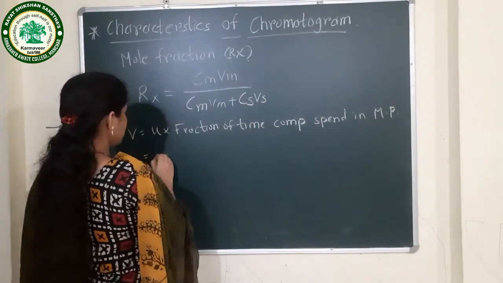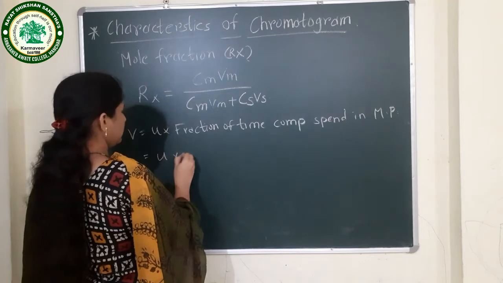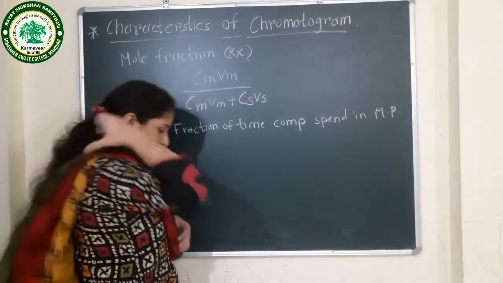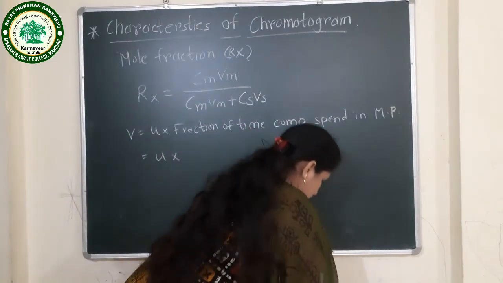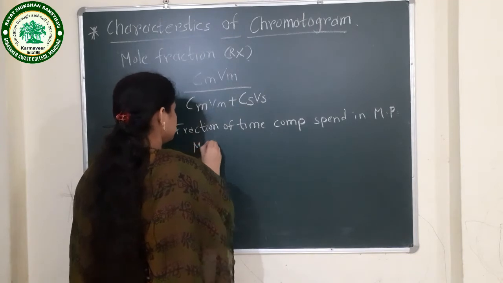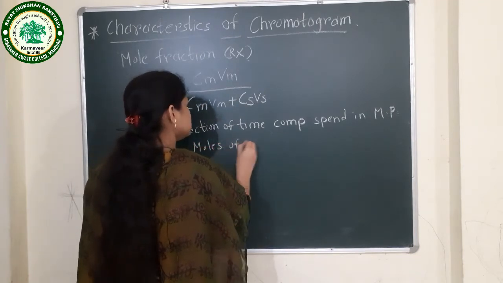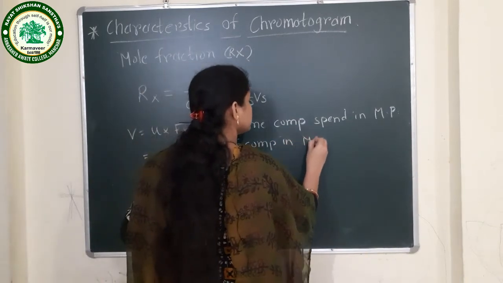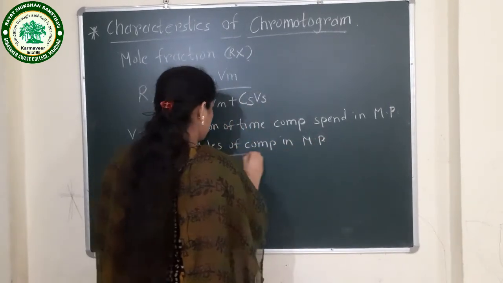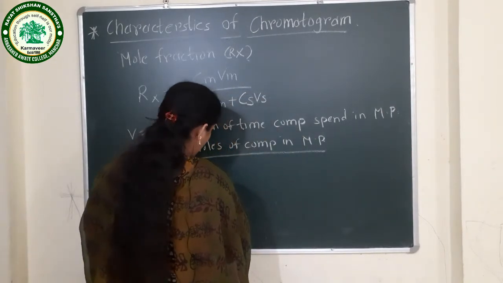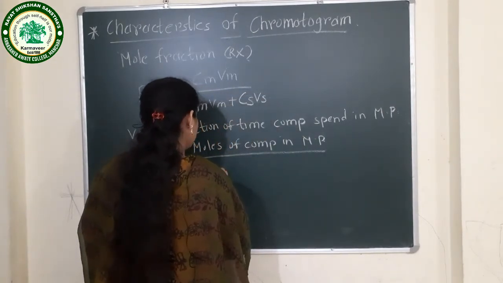Now this fraction of the time compound spends in mobile phase is given by moles of the compound in mobile phase divided by the total number of moles of compound in column.